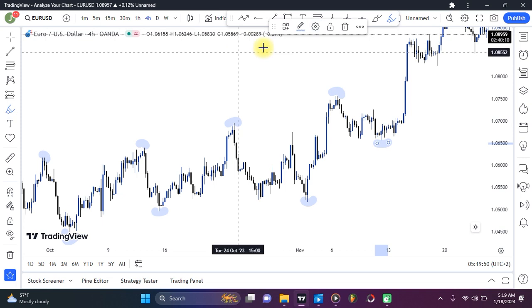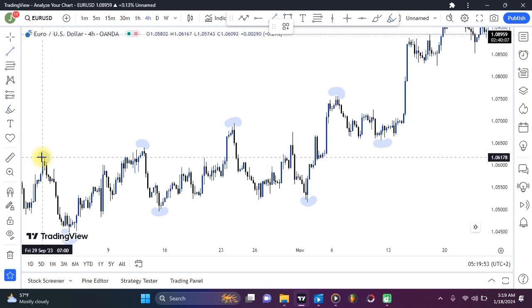So as you can see, this here is our breakout of structure.